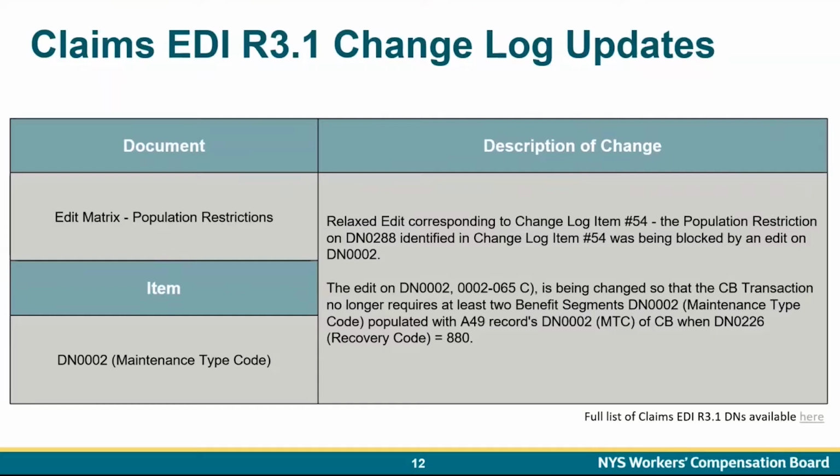The edit on DN 002 is being changed so that the SROI CB transaction no longer requires at least 2 benefit types when that maintenance type code has a recovery code of 880. That was previously in one of the other population restrictions, and we just changed that because it was blocked by another population restriction.